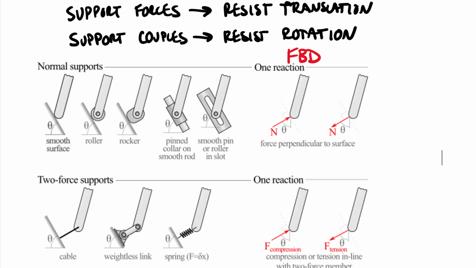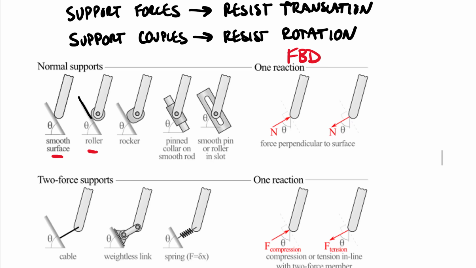Okay, so there's 5 different types of supports which give us a single normal force. That normal force is always perpendicular to the surface. And those include a smooth surface. Keep in mind, smooth always means a friction-free surface. We have a roller, and we're assuming this is a frictionless roller, so the roller can roll freely, the wheel basically can move up and down that surface without any friction.